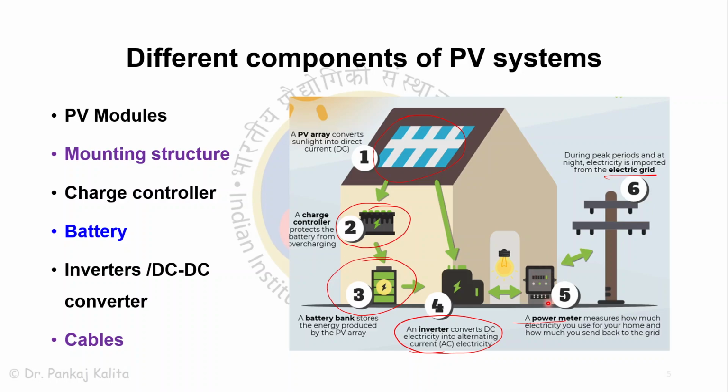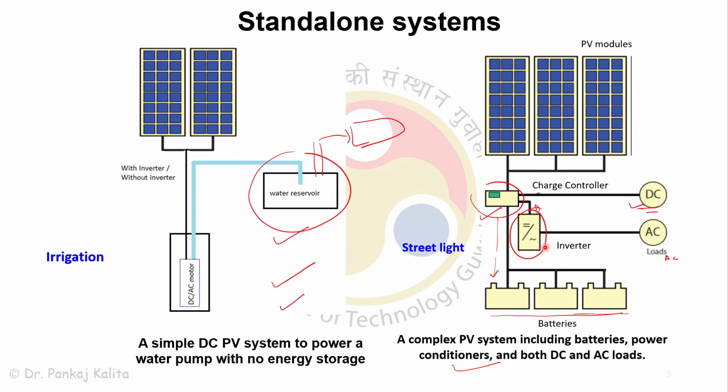This is a type of power meter, the same type of electricity meter you see in households installed by the electricity department, but with net metering capacity, measuring whatever goes out and whatever comes in. These are charged differently and then adjusted, so a net bill can be generated for the consumer. So this is basically a standalone system.